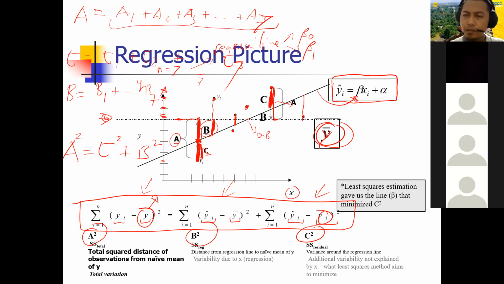Okay. Actually, this slide, we are talking about the error analysis, yeah. How we can decompose the error in Y data.